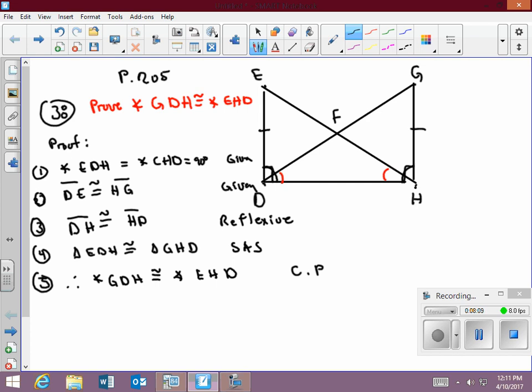You got to get the points on the triangle to correspond, and do the proof in this manner: given, statement, given. And if it doesn't correspond, then it's going to be wrong, because that's the way we do it.